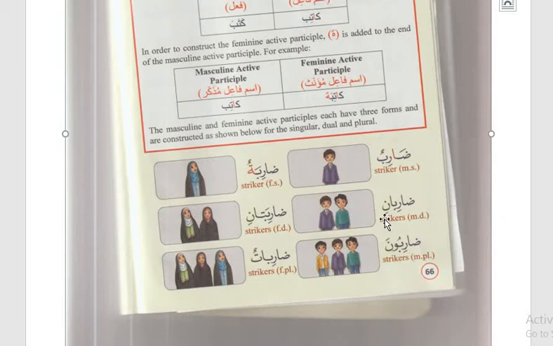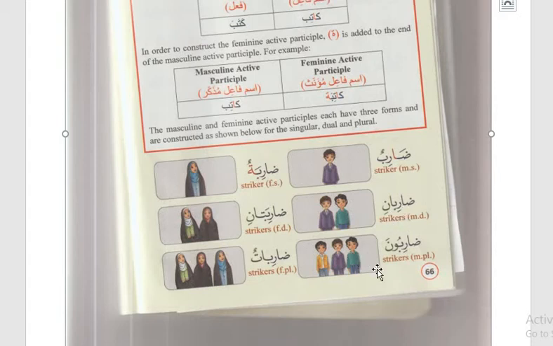How do I know that this word is dual? We know that this word is dual by adding alif and nun. So it becomes dariban. So alif and nun is the sign of the dual. So again, two strikers, masculine dual, it becomes dariban.